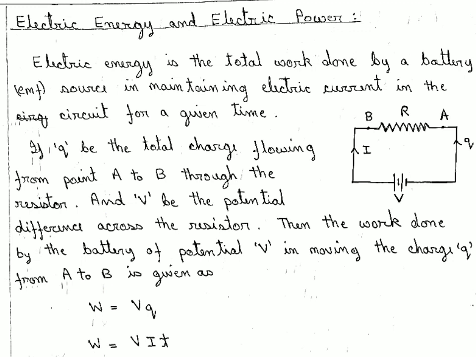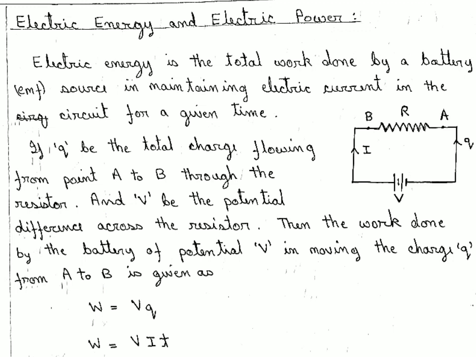So here we have 2 endpoints A and B in the diagram, and there's work done in bringing the charge Q from A to B, and that work done in moving the charge Q from A to B is given by W is equal to V into Q. Now this comes from the concept of electrostatic potential difference. So this is from chapter 2, that the potential difference is equal to the work done per unit charge.